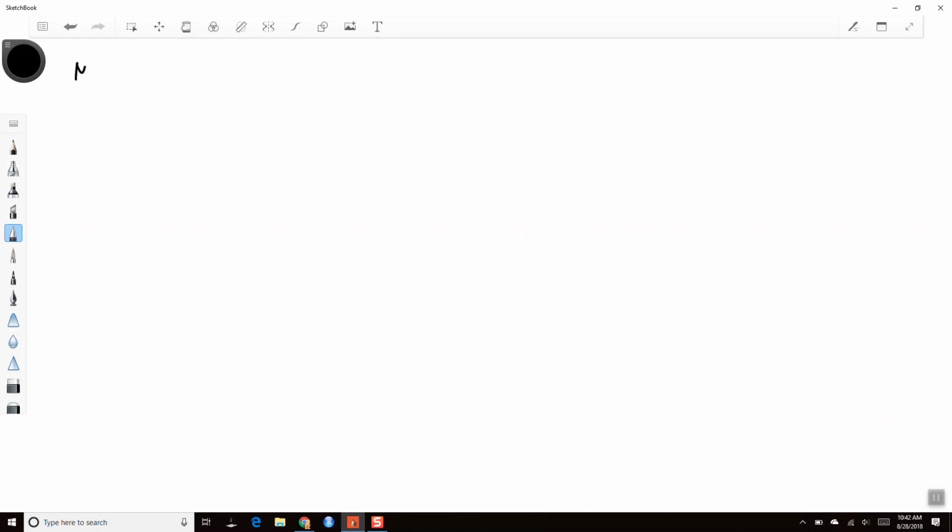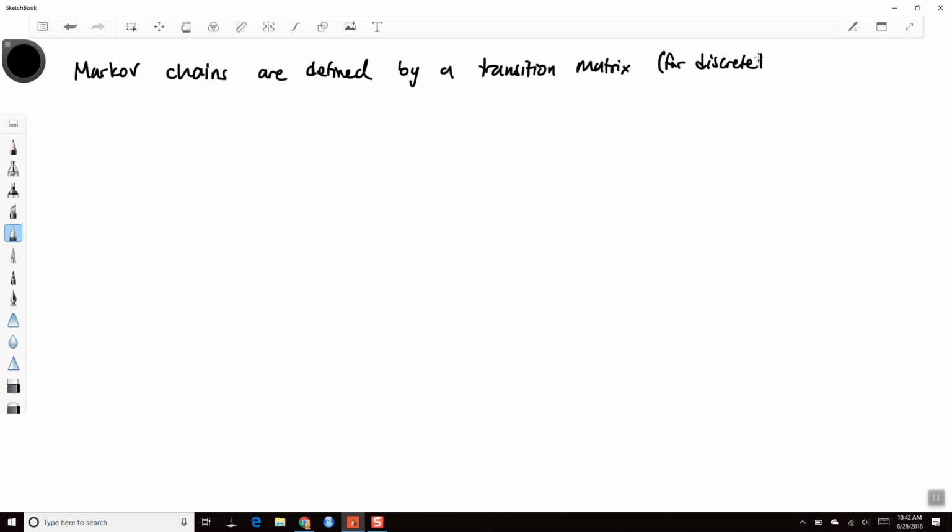So Markov chains are defined by a transition matrix for discrete, or transition kernel for continuous.